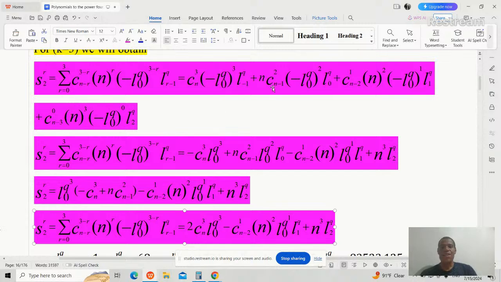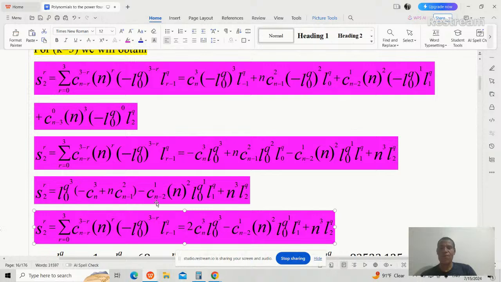Plus combination n minus 1 choose 2 times, okay, minus the rest has to be written as it is. Minus what, learners? Minus combination n minus 2 choose 1, because here you see minus L0 of O the Q raised to the power 1. This minus I will write here.